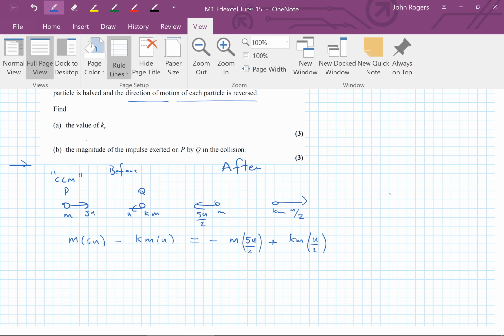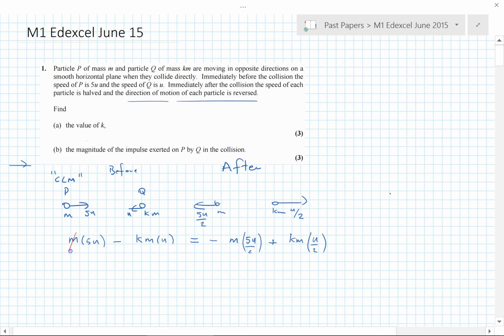Quite a few things cancel here, so we can see that M cancels and U cancels also. Just rewriting that after all the cancelling, that's 5 minus k is equal to minus 5 over 2 plus k over 2.